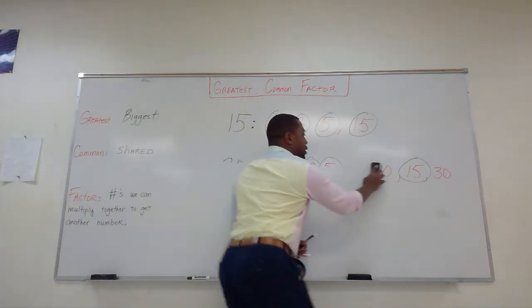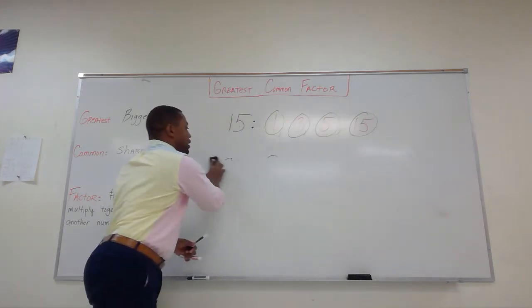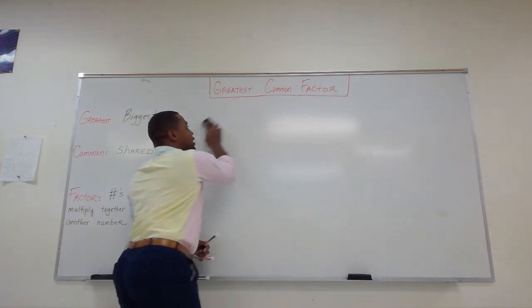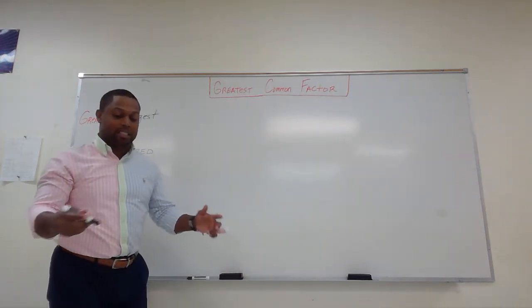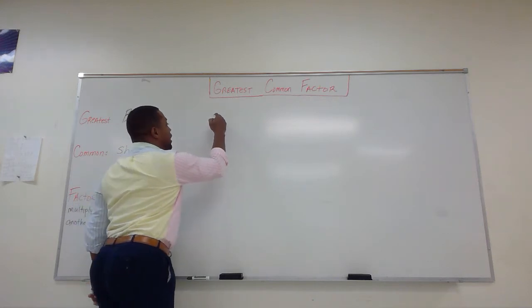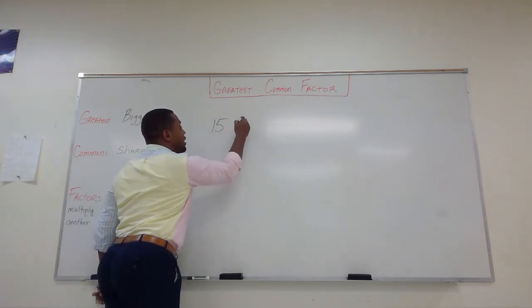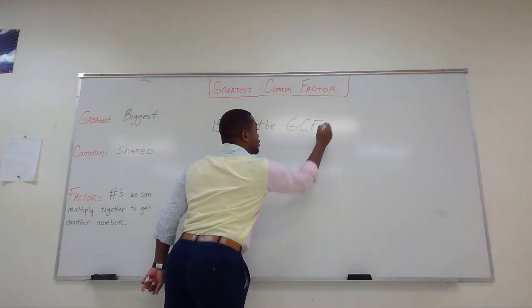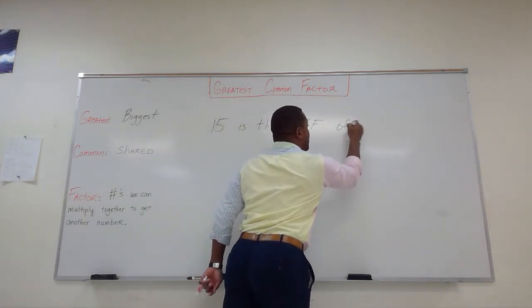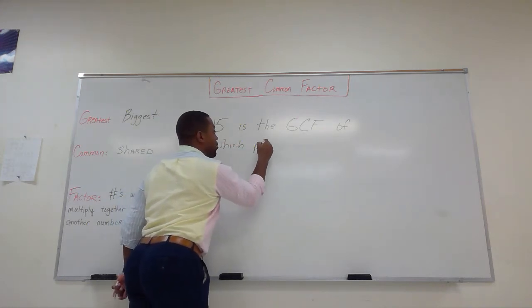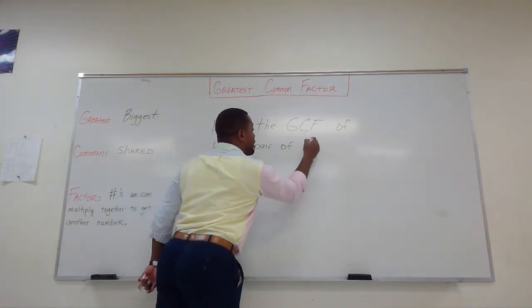So when you're preparing to take a math test, some of the questions you may see could come in the form of saying 15 is the greatest common factor, or GCF, of which pair of numbers.